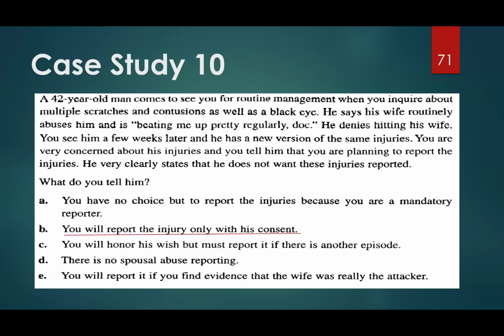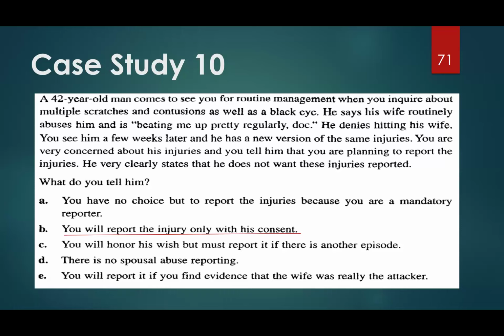The rules in reporting of spousal abuse or domestic violence are much less strict than those for child or elderly abuse. As long as this is a competent adult, he has the voluntary choice of reporting the injuries himself in the majority of cases, or asking you to report it after his consent.